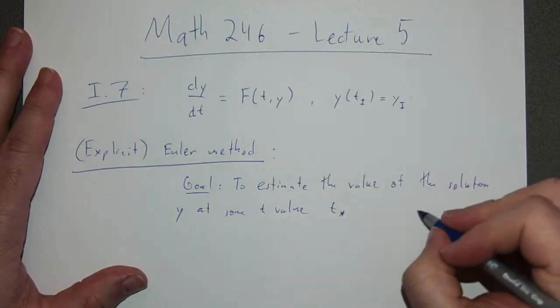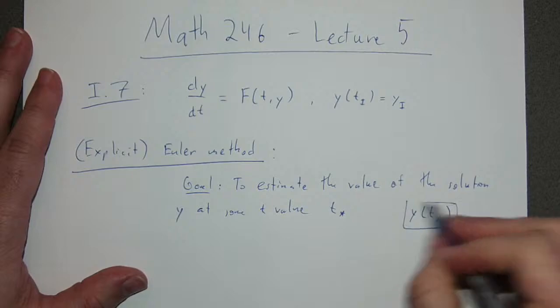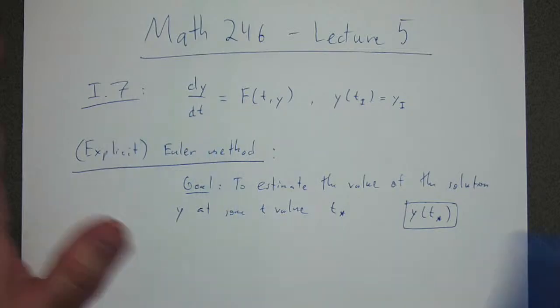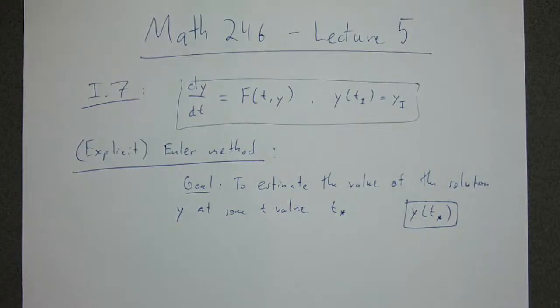So I want to estimate this thing. And I'm going to do this in a way that does not require me to actually solve this differential equation. If I could solve the differential equation, I wouldn't need a numerical approximation to the value of the solution. So it's very important that this method not actually require me to solve the thing.